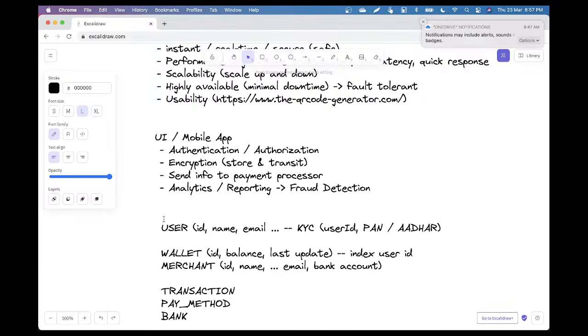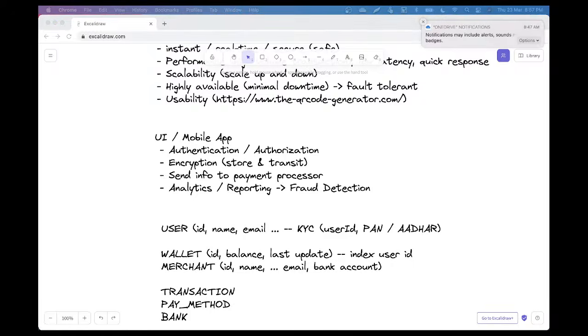So a lot of information is to be stored here. So this is in general the kind of information which will be required to be stored in any payment gateway like Paytm. Now here we should also understand that this is both a read heavy as well as write heavy system. So we have to optimize the database for both read as well as write, a large number of reads and writes.